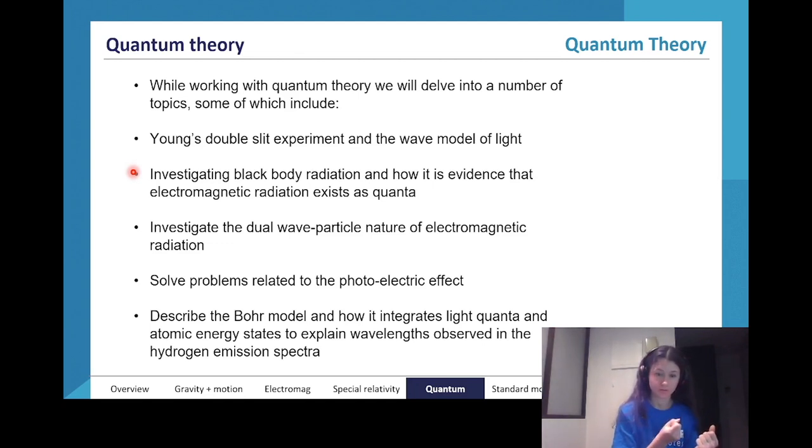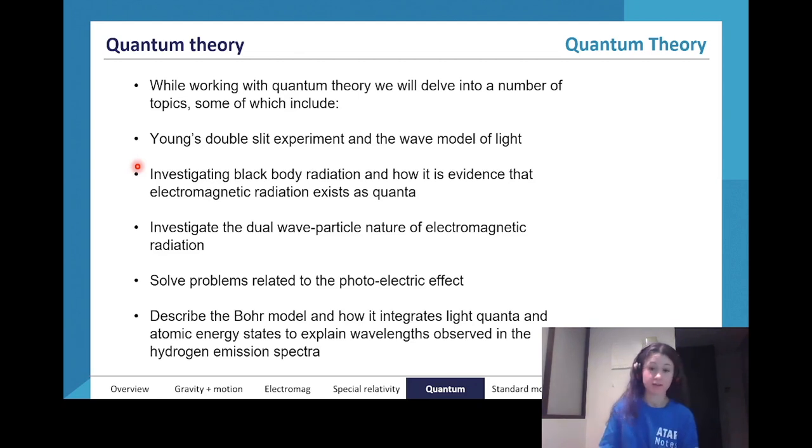Basically, we have evidence from Young's double slit experiment that light is a wave, but we have evidence from black body radiation and also from the photoelectric effect, which was another experiment done even later in the 1900s, which show that light is a particle.